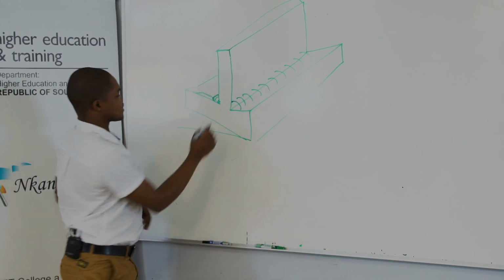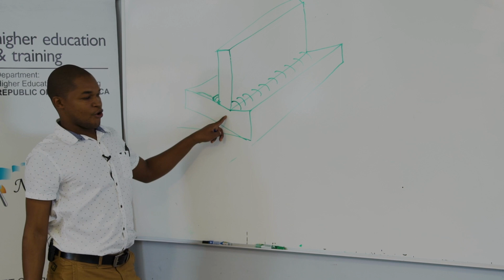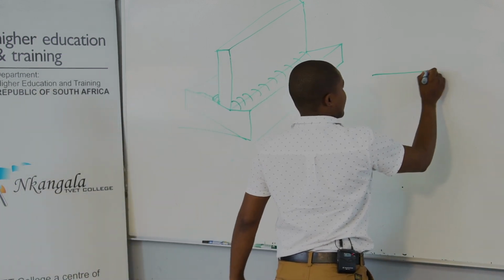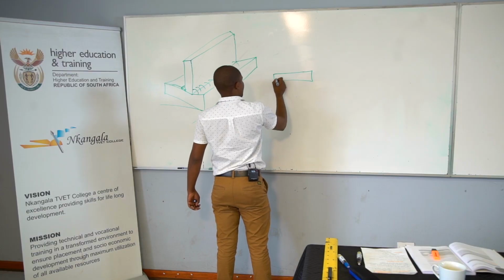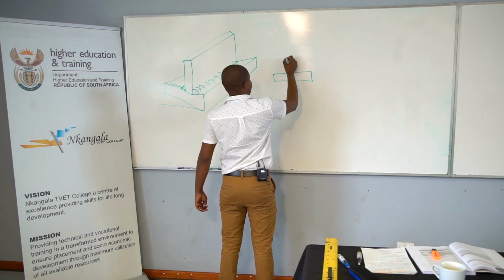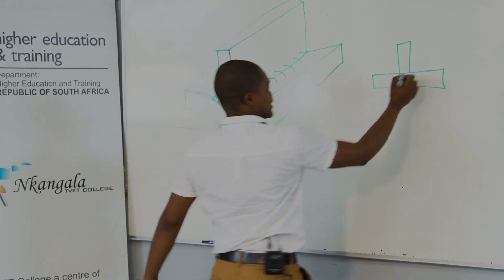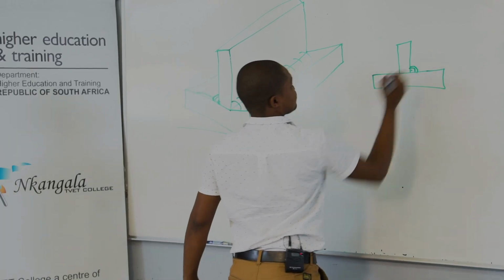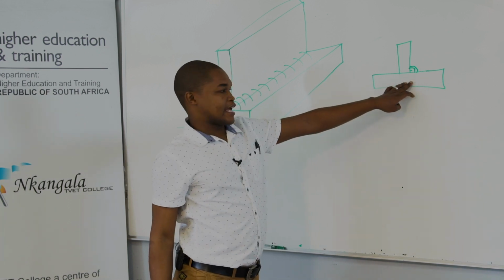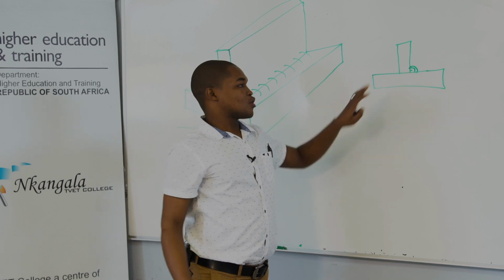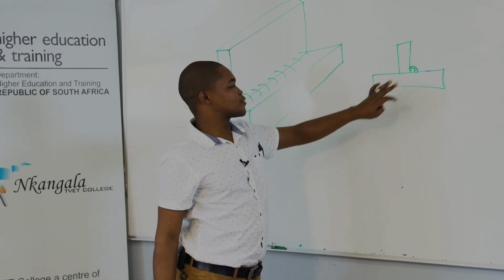So what happens on this T-joint? I'm going to show you the other side of the T-joint. Now this is our fillet. I have welded here, on that side. I have put maybe 3 or 4 runs on this side. So what's going to happen with the distortion on this piece?